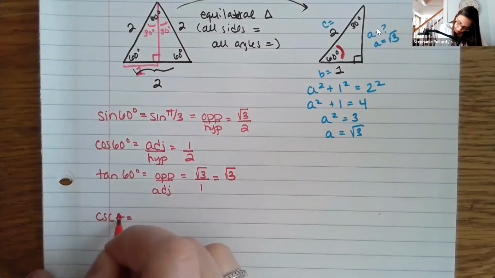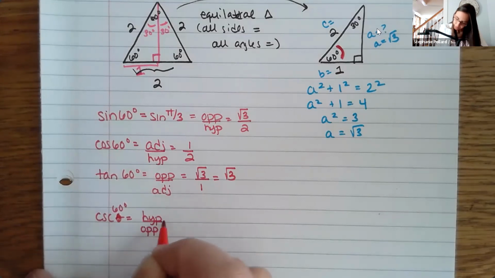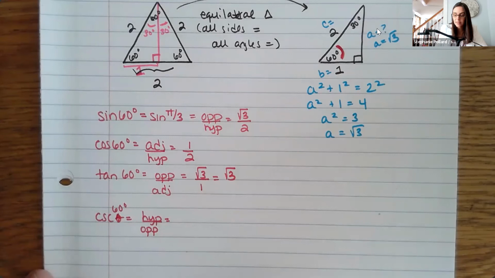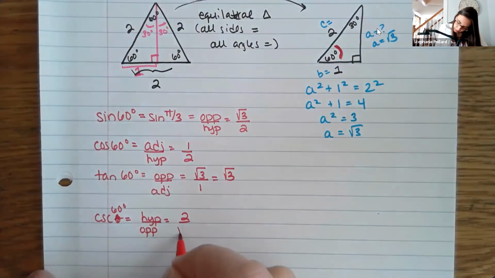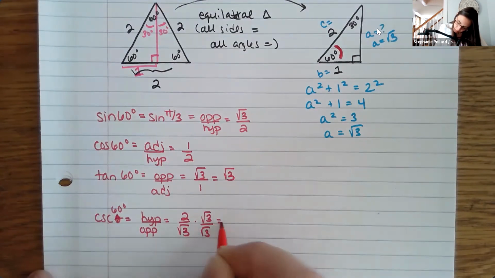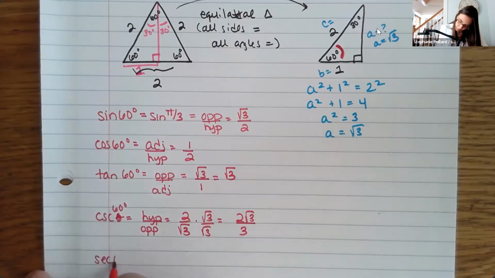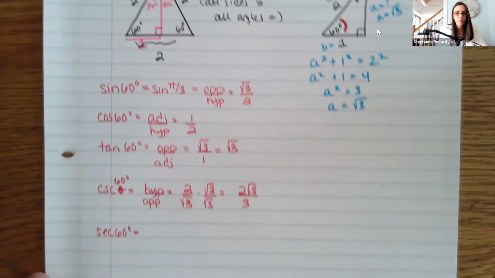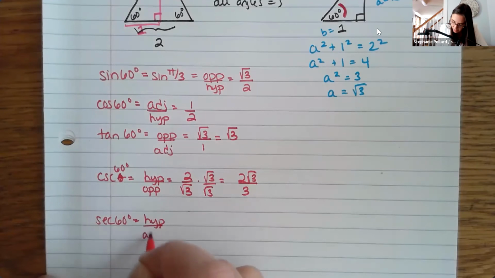So I guess I'm being specific here, 60 degrees. Cosecant is hypotenuse over opposite. My hypotenuse is 2. My opposite is root 3. You do have a little bit of rationalizing to do there. So I have 2 root 3 over 3. My secant would be hypotenuse over adjacent.